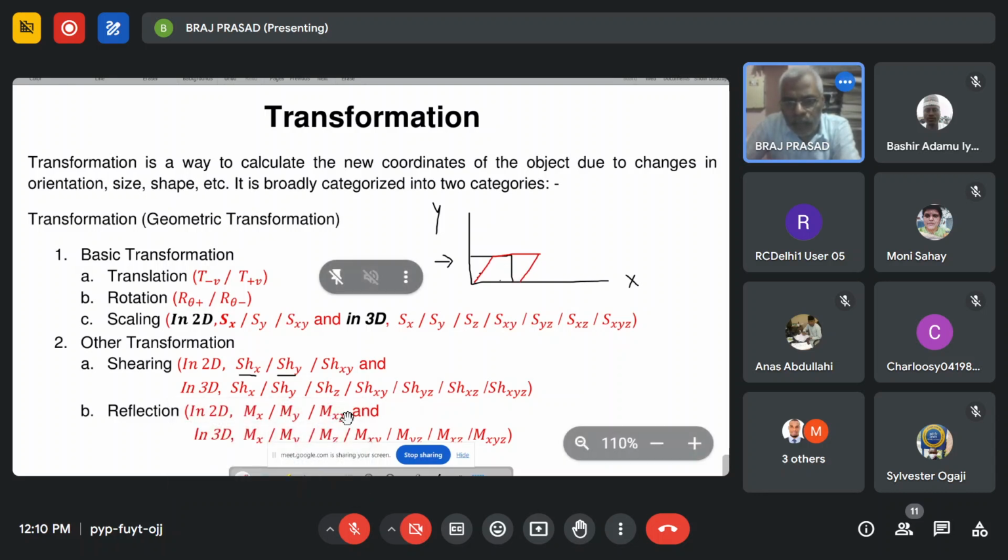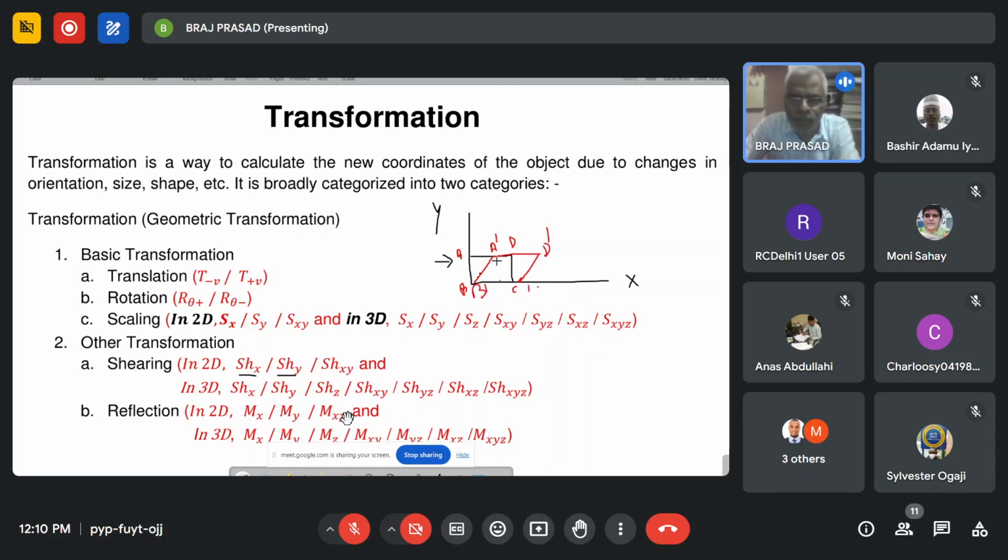So if this type of change happens, this is our original figure ABCD, and now the new figure becomes A dash, B dash, C dash, and D dash.